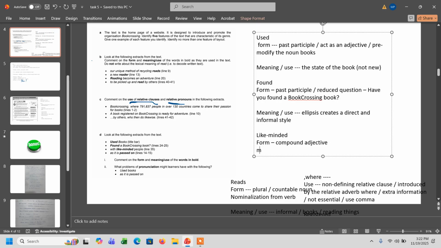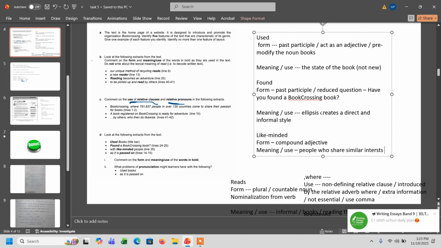For this one, meaning and use is for like-minded, like people who share similar interests. People who share similar interests or hobbies, but I think interest is enough here, I guess.